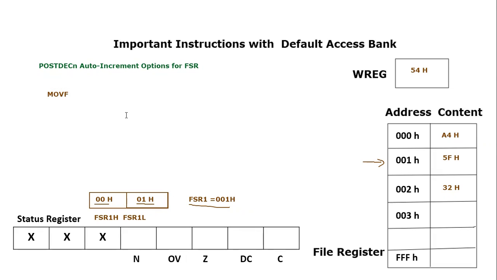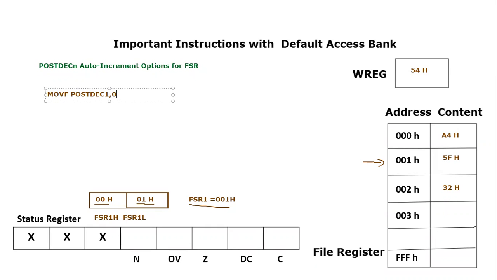So we will be using this post decrement, POSTDEC1, which is an auto increment function, and we are using POSTDEC1 because we are working on FSR1. So whatever value is pointed to by FSR1, that is 001, whose content is 5F, will move into the working register.